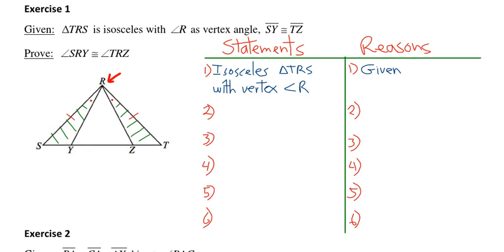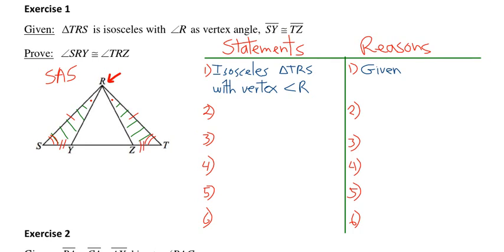Because of the base angles theorem, we know that this angle is congruent to this angle. Okay, so only from the first given, we got these two pieces of information, the side and the angle. And we're just missing one side because the only method that we know so far is side angle side. We already have a side, the angle, and now we're just missing the side, but that is given also. It says SY, which is this little piece here, is congruent to TZ, which is this little piece here.